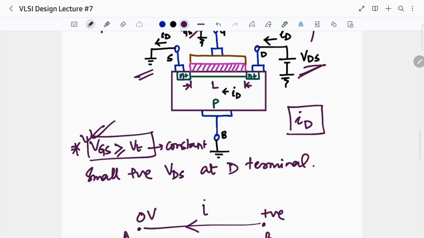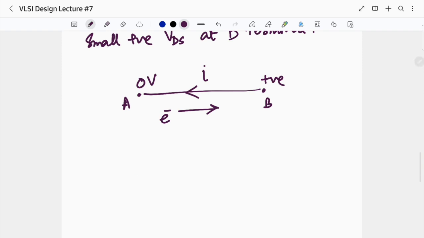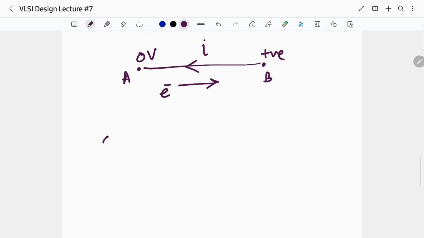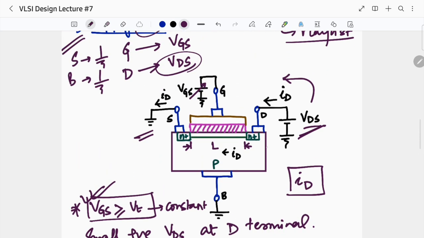So this current that is flowing in our MOSFET depends on certain things. Now from where to where is it flowing? It is flowing from the drain end to the source end, and from the source it moves into the ground. And via what is it flowing?